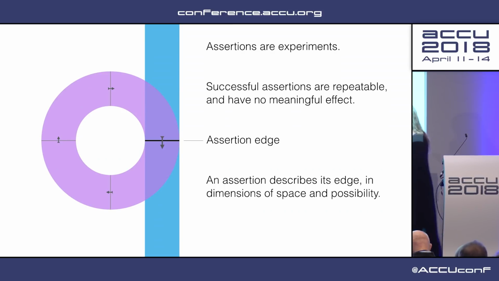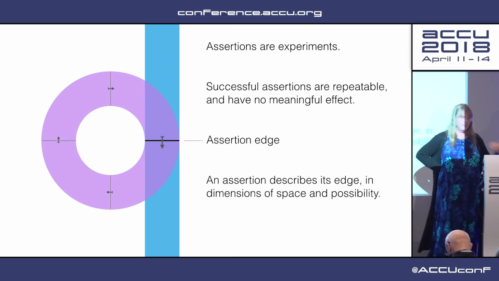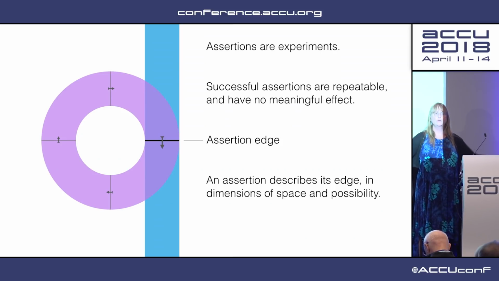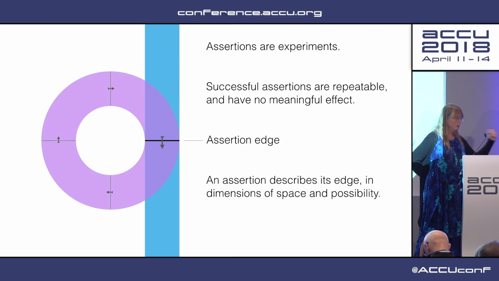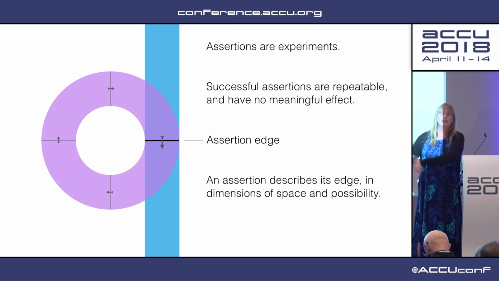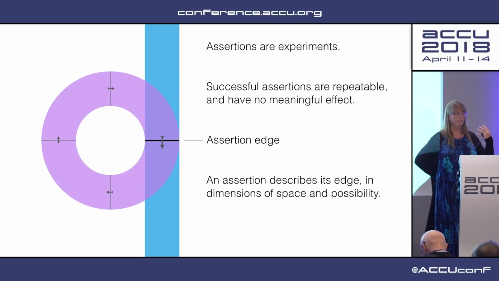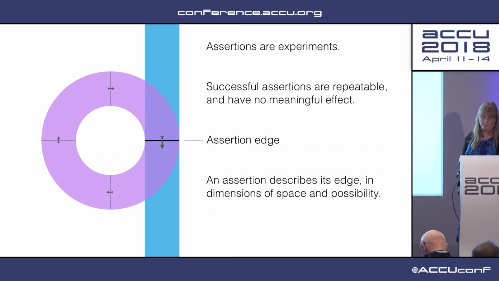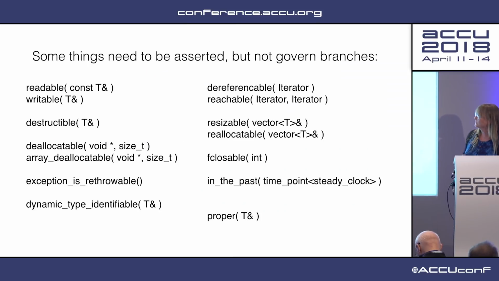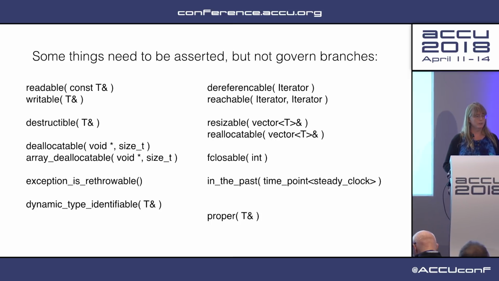And I came to this realization by thinking about the things we needed to assert to actually show the preconditions we use fully in a program. And here are some examples of things that I think we need to assert, but we don't want people to branch on.